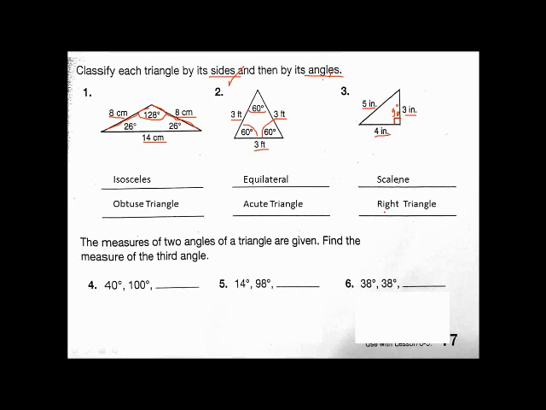Now let's go for the second question. It says the measures of two angles of a triangle are given. Now I have the measures of two angles inside the triangles, and he wants you to get the measure of the third angle. For example, here is a triangle that has 100, this is 100, and this is 40.